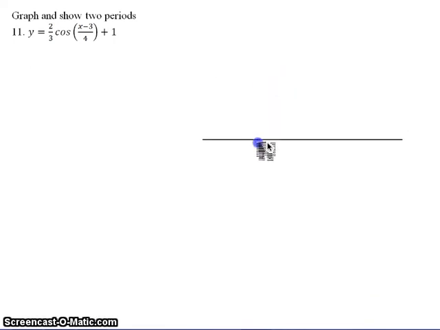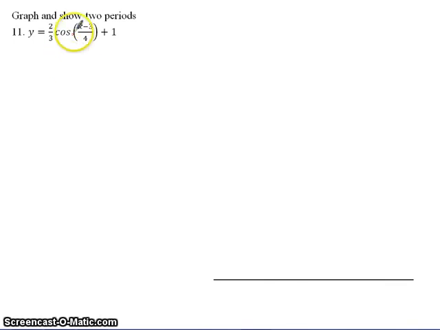Our period is found by the value that's affecting the x here. Now this is x minus 3 divided by 4, which is like saying x over 4 minus 3 over 4. So I see the x is being affected by 1/4 there.